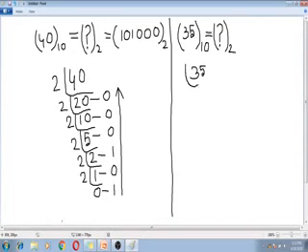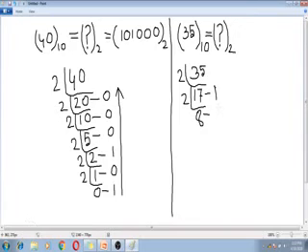Divide this 35 by 2. The quotient will be 17. Remainder 1. Again divide this quotient by 2. Now the quotient will be 8.